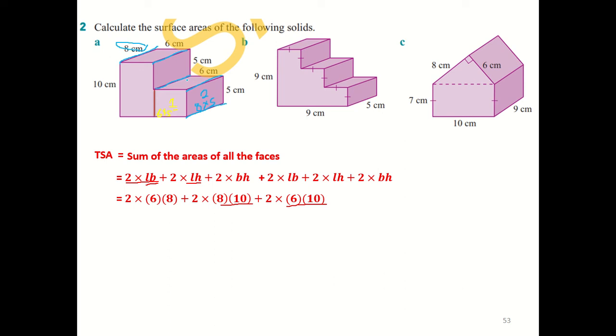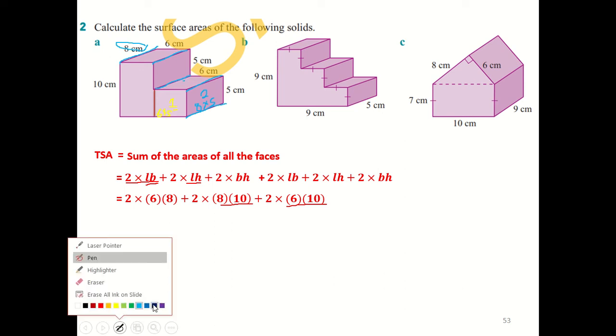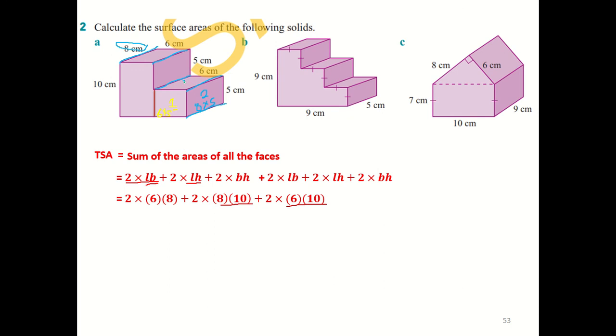Right? The top part will be area number 3. For that, I will simply take 8 and times it by 6. And obviously I'll multiply each area by 2 because there are 2 sides for each given face.